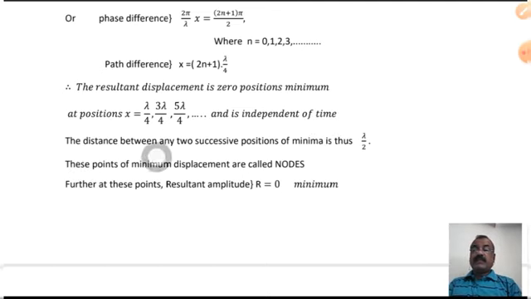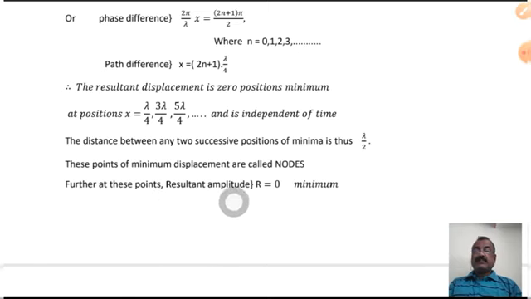The distance between any two successive positions of minima is thus lambda by 2. We know that the distance between any two successive nodes is lambda by 2. Similarly, the distance between any two consecutive antinodes is also lambda by 2.